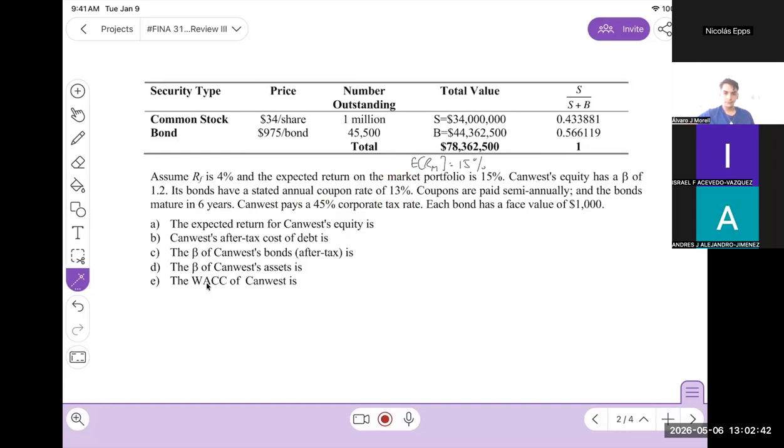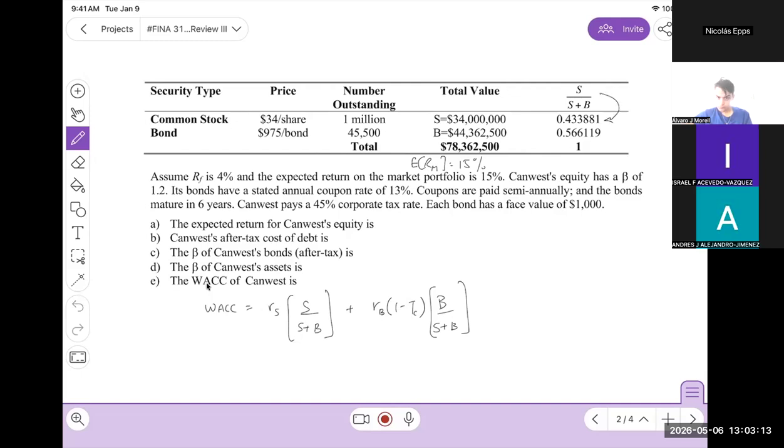So it's the same problem, just a different corporate tax rate, some different values. Do we have the price of the bond? Yes. So let's do everything again that we just did. What we want to solve is WACC equals RS times S over S plus B plus RB times 1 minus TC times B over S plus B. Now these are all calculated here.